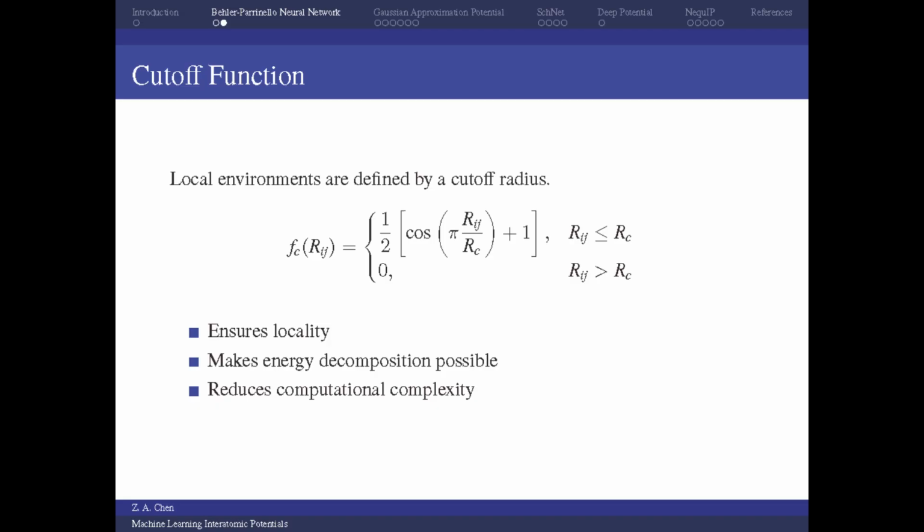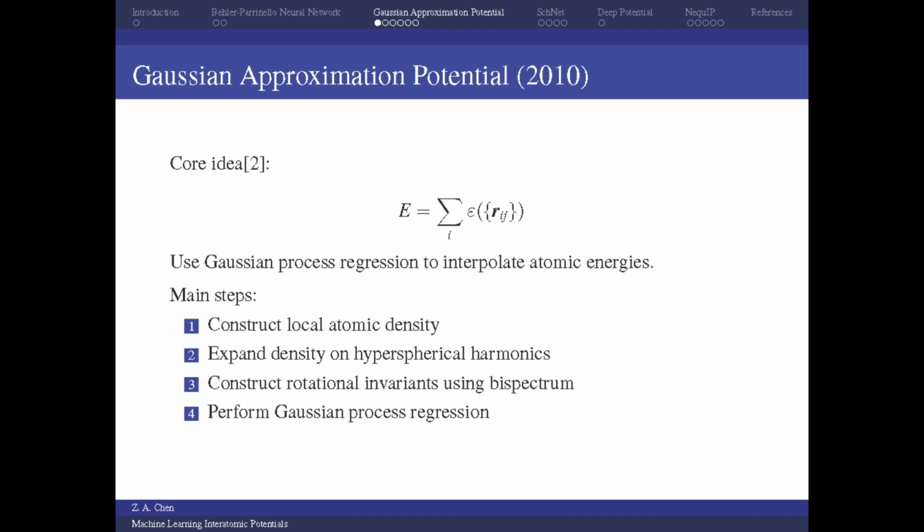This means atoms beyond the cutoff radius are ignored. One important point is that this approach still relies heavily on handcrafted descriptors. In other words, humans manually design the features first and then machine learning is applied afterward.